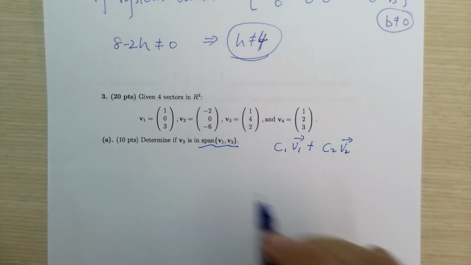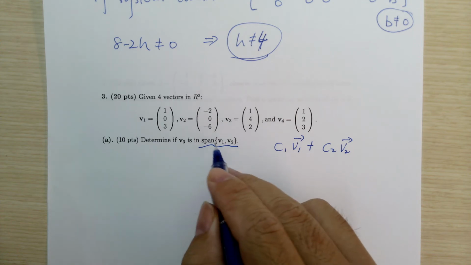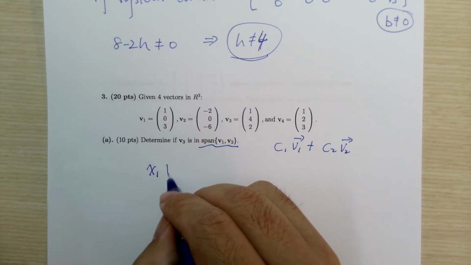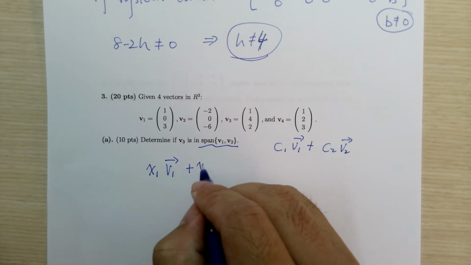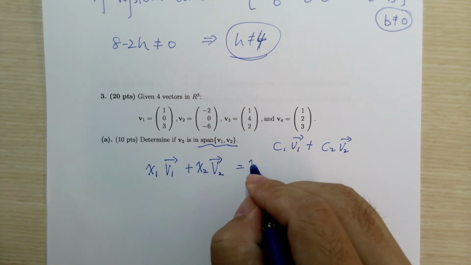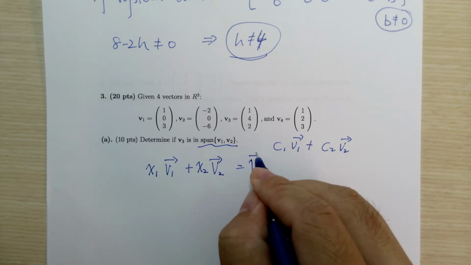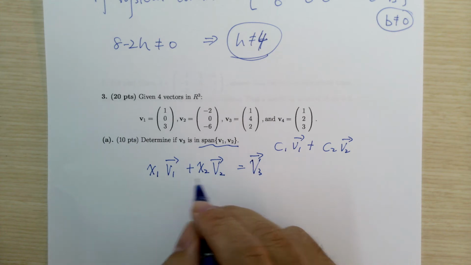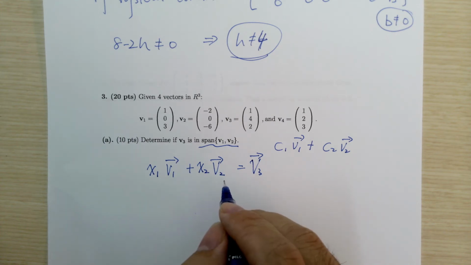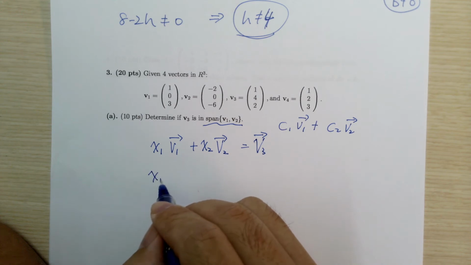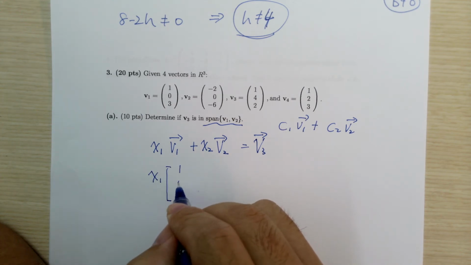So, in other words, to determine if this is in the span, it's equivalent to seeing if I can write my v3 into a vector equation like this, a linear combination of vectors v1 and v2. More, we can dive into this.